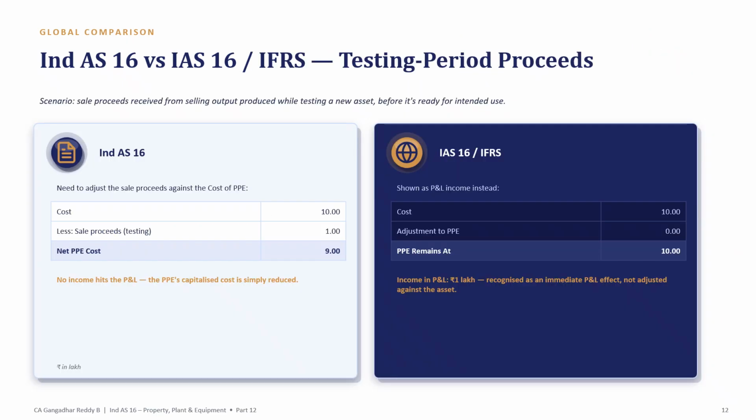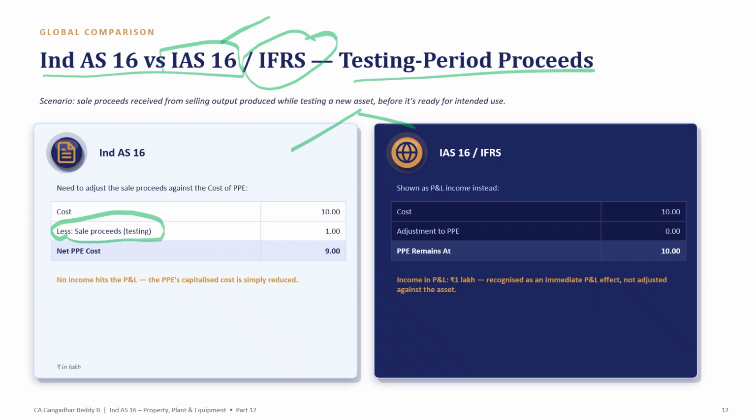And then the main difference between Ind AS 16 and IAS or IFRS, IAS 16, is the testing period proceeds. If you sell any asset during the testing, in Ind AS 16 it specifically says that there is no income in the P&L.